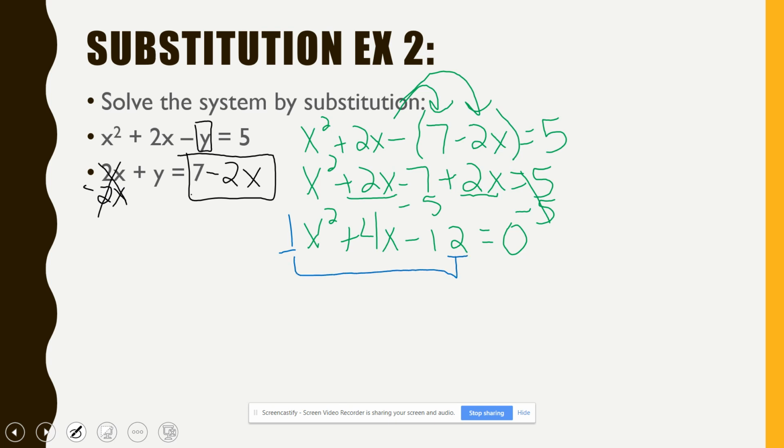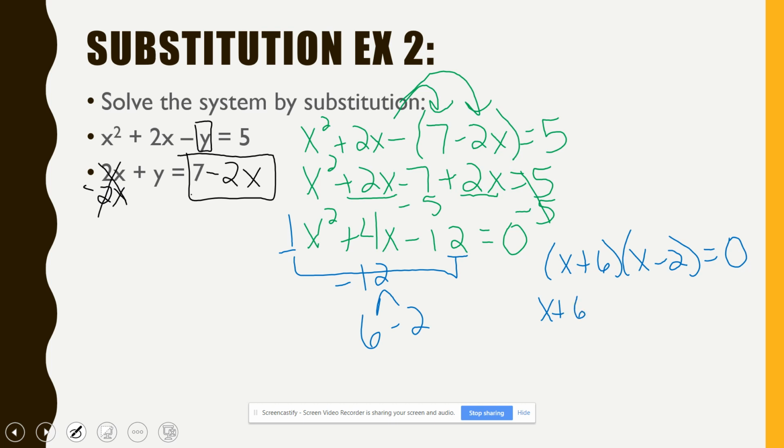So 1 times negative 12 is negative 12. The factors of negative 12 that add to positive 4 are going to be positive 6 and negative 2. So whatever preferred method of factoring that you're using, you would get x plus 6 times x minus 2 is equal to 0.